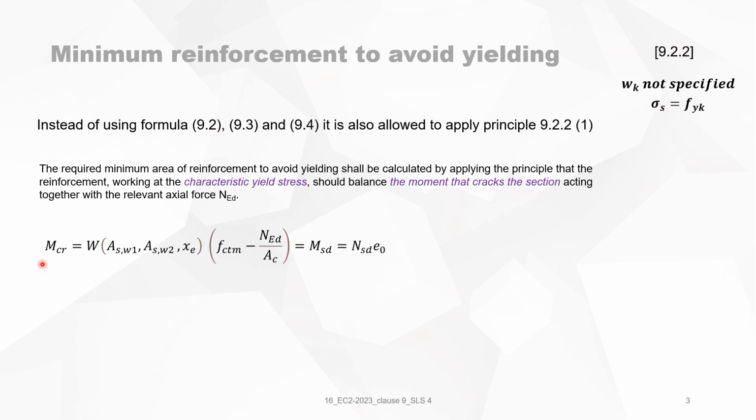This cracking bending moment is equal to the applied bending moment and is equal to eccentricity E0 times the total normal external axial force, NED in this formula. I also use NSD instead of NED, but it's the same. And W is the section modulus of the section, which is a function of the reinforcement and the compressive height.